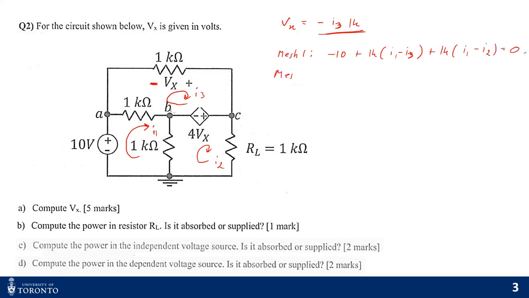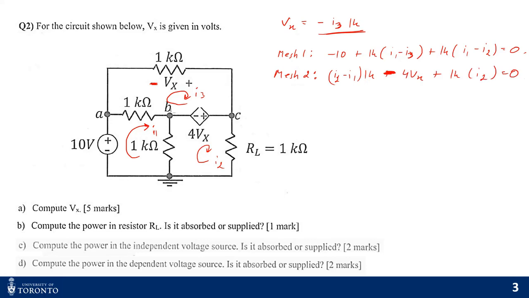For mesh 2, I'm considering my current I2 to be greater than all the other currents. So therefore it's (I2 minus I1) times 1K minus 4 Vx plus 1K times I2 is equal to 0.